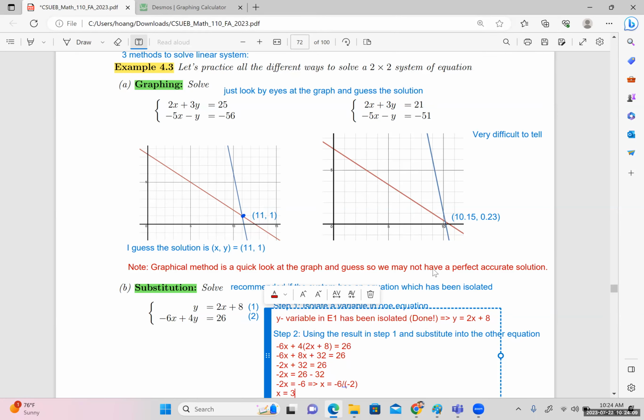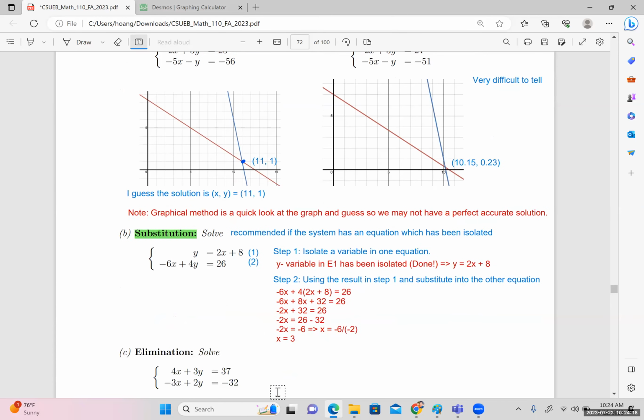Let me make sure. So right now I end up with x equal to 3. Is that the answer? We have the solution in the form of x and y, right? We haven't got the y value yet.